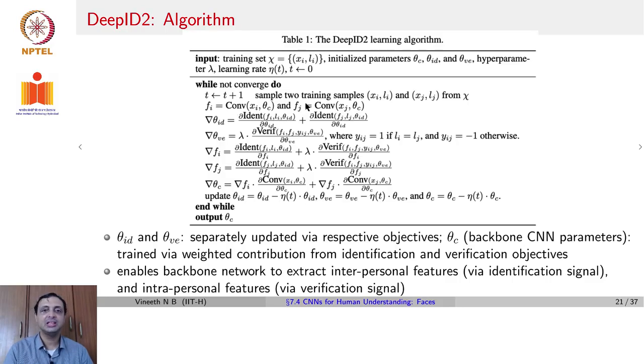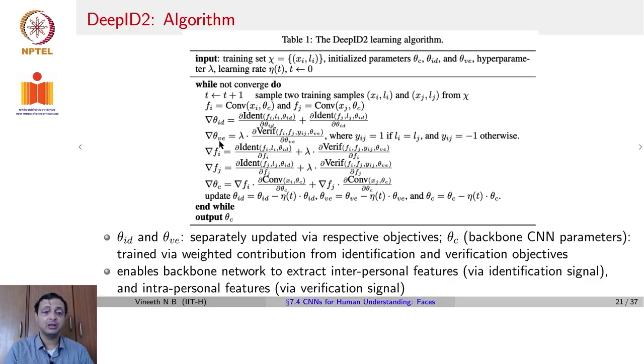This backbone CNN is parameterized by weights theta c. Now the gradient of theta identification is given by the partial derivative of the identification loss, that's your cross entropy loss, of Fi, Li, theta id with respect to theta id, plus the partial derivative of the identification or cross entropy loss of Fj, Lj, theta id with respect to theta id. So in this case, you are using the cross entropy loss for both Fi and Fj.